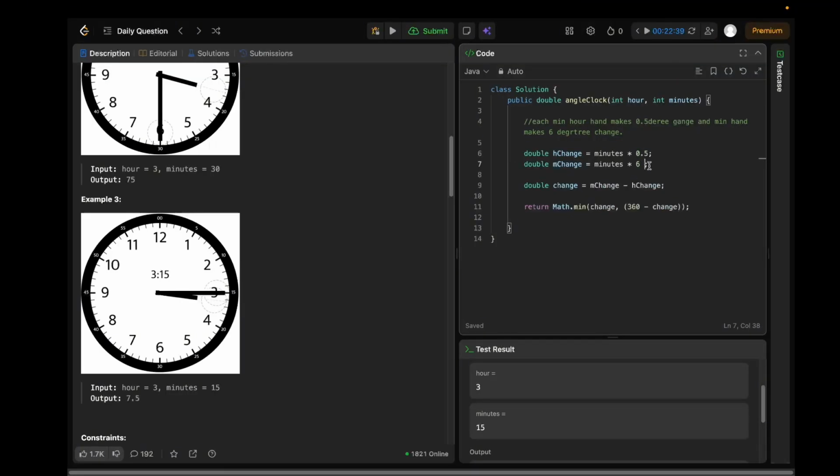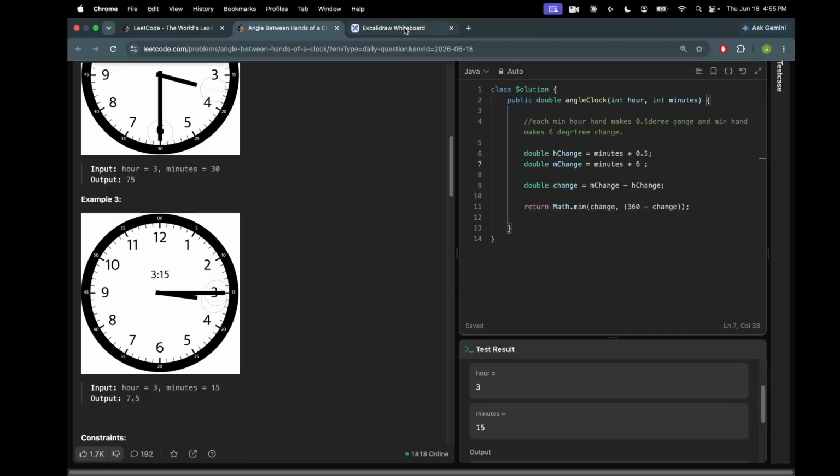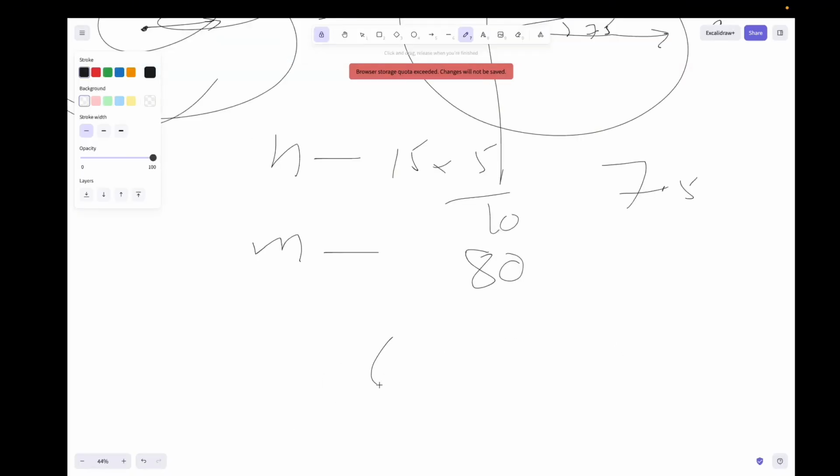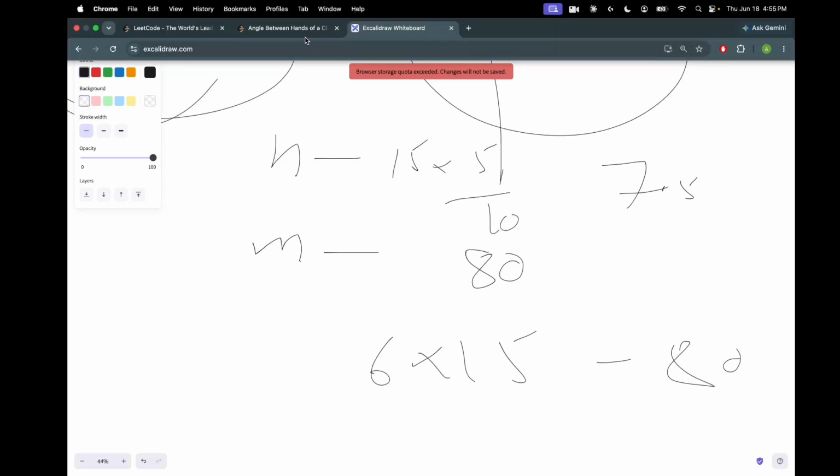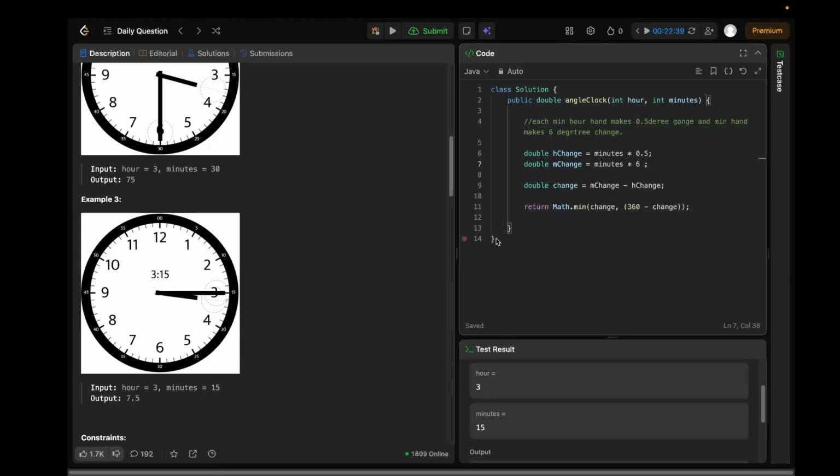First, the minute hand changes. So the minute hand changes 6 times 15, that is 90. And the hour hand changes for 3 hours, from this angle up till here, equals what?